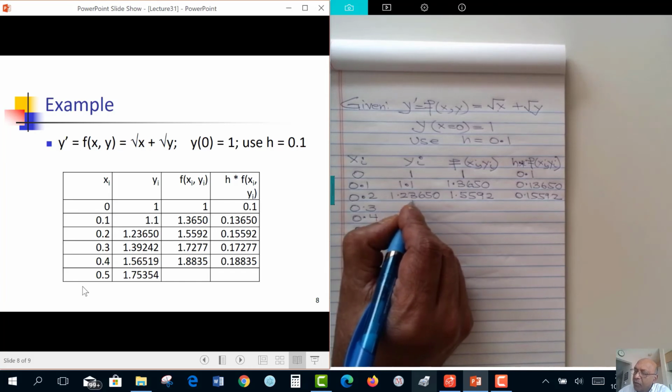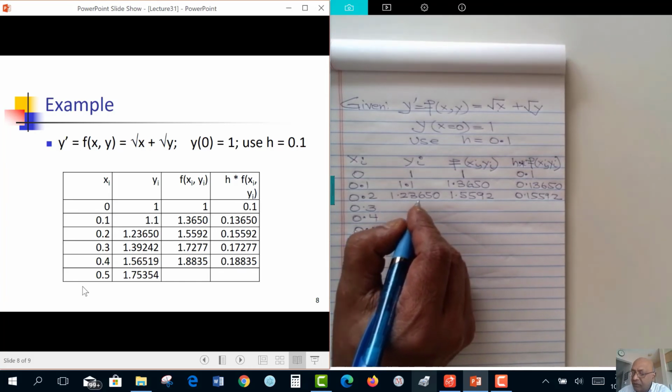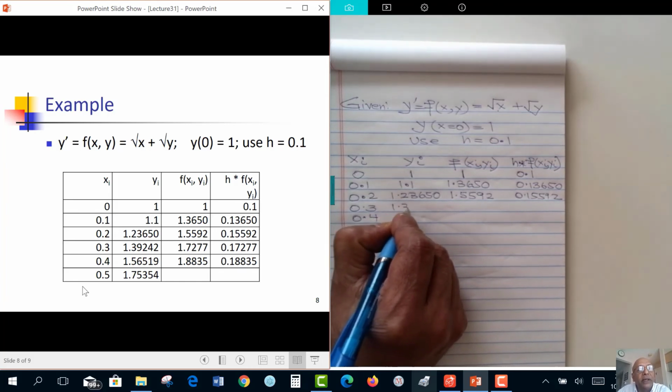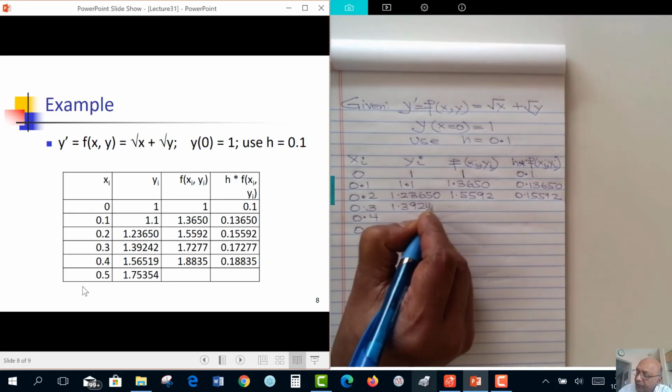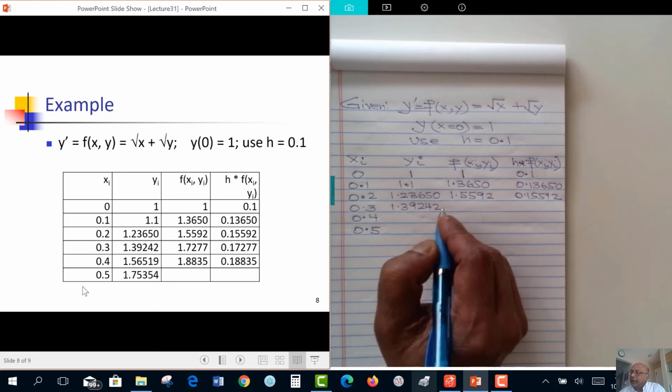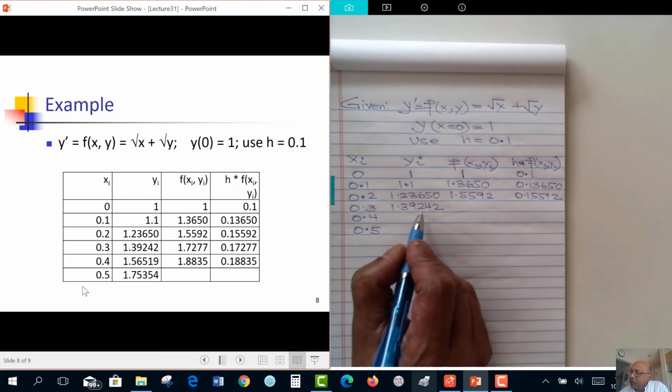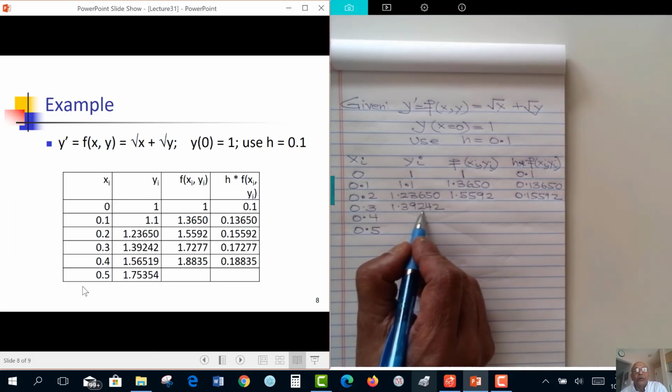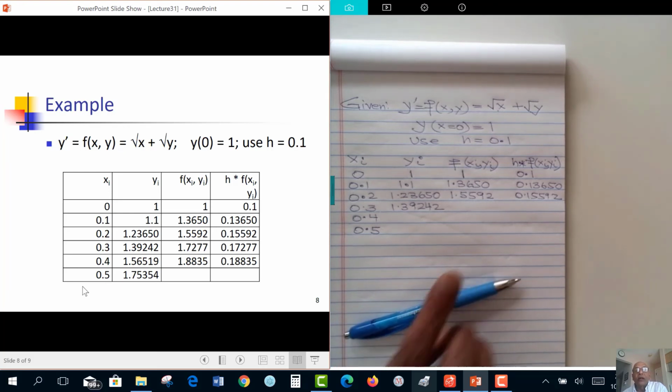We add it to 1.2365. We'll get 1.39242. So again, do square root of 0.3 plus square root of 1.39242 and carry on the calculations and see if you match my rest of the table. Okay.